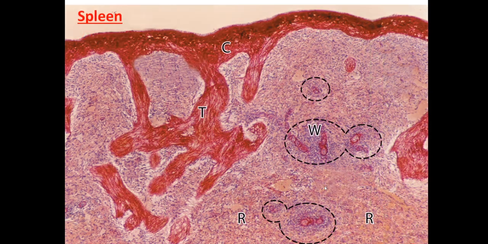And finally, the spleen. The spleen is a secondary lymphoid structure. Therefore, there is a lymphatic nodule here.